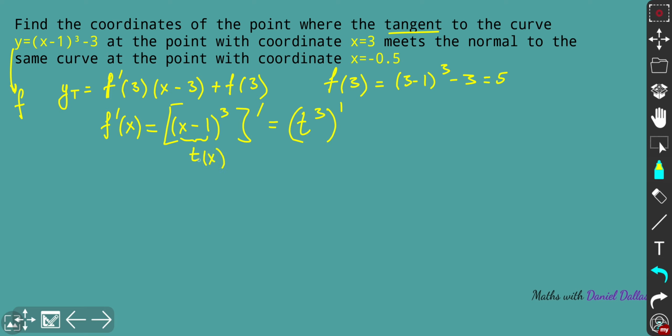So our formula tells us that first we take the derivative of t cubed with respect to t, which is 3t squared, and then we multiply by the derivative of t with respect to x, t prime of x. Because it's x minus 1, it is simply 1. That's what the differentiation rules tell us.